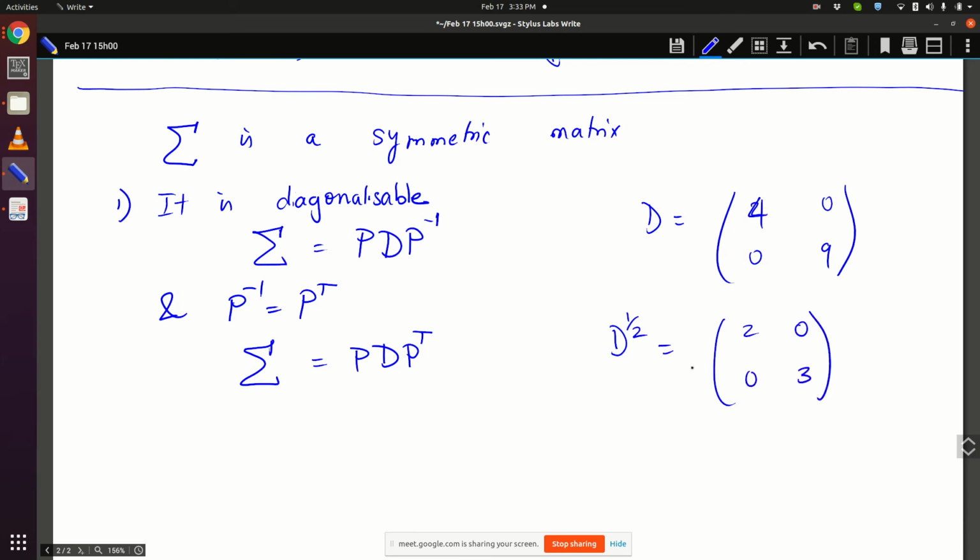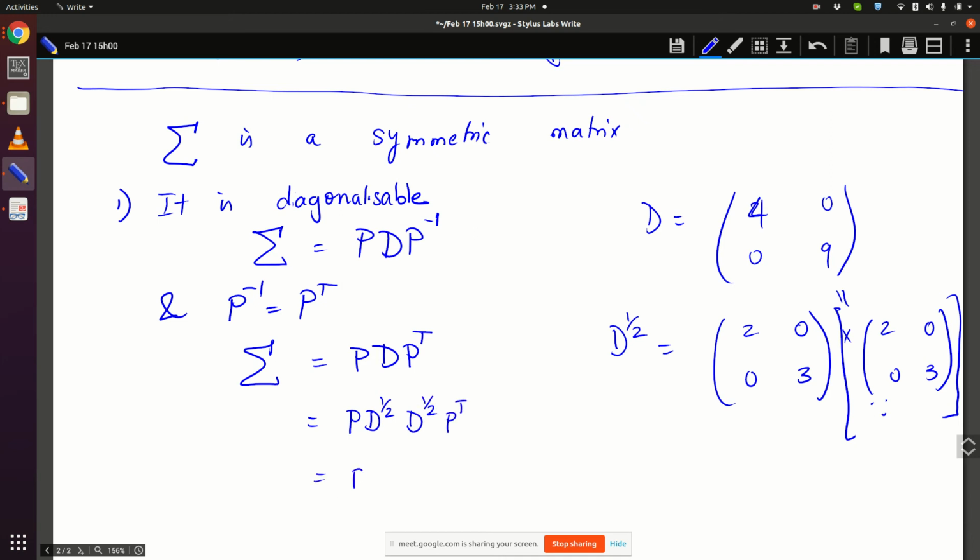Because if I multiply D power half with D power half again, I get the original matrix. You can check it. So we can write this as P times D power half, times D power half P transpose.